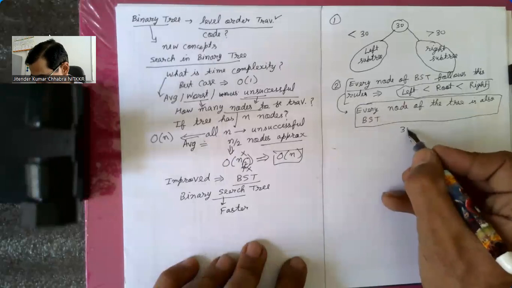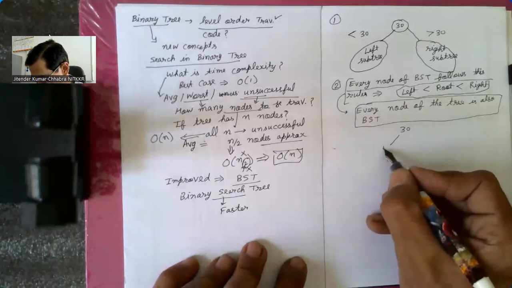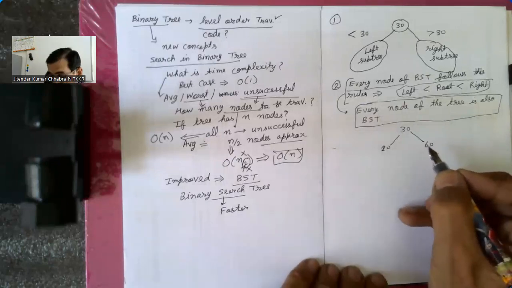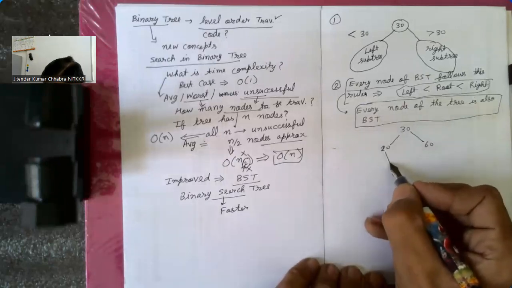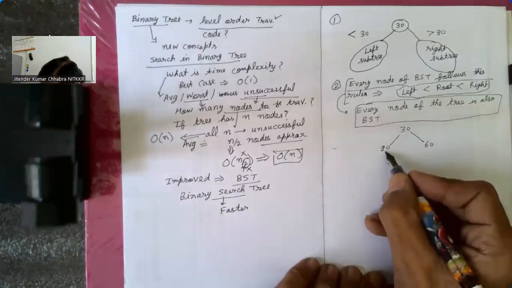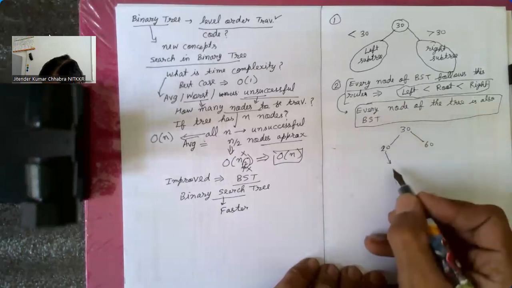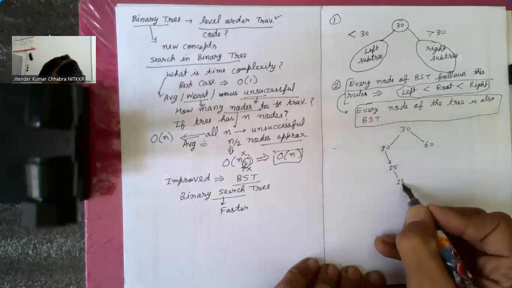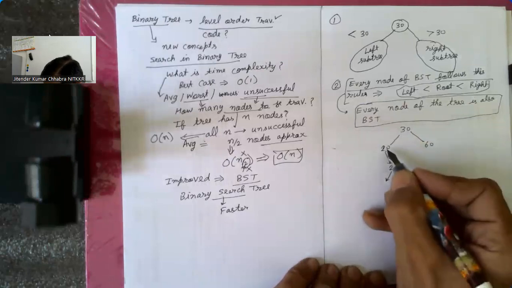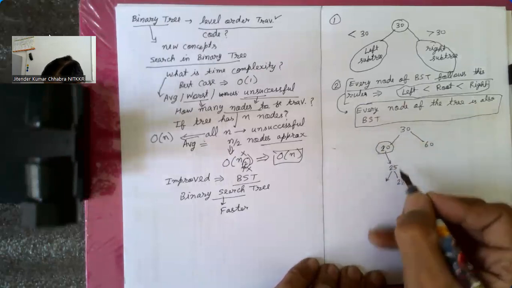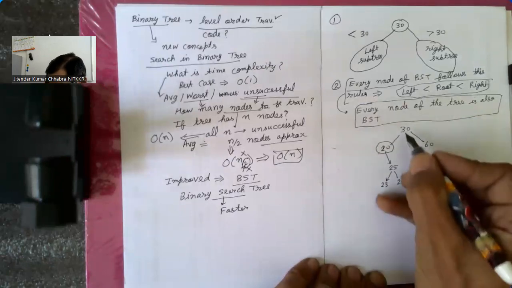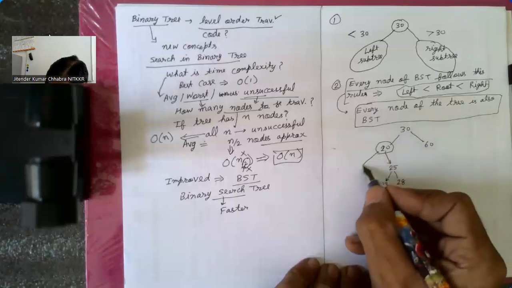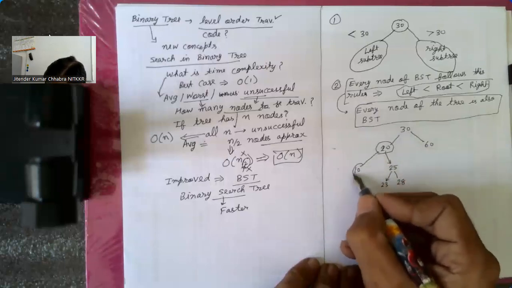Meaning, if this is 30, let's say this is 20, and this is 60, then this side value can be greater than 20 but less than 30. So this value could be 25, this value could be 28, greater than 20 but less than 30, obviously. This side less than 20, so maybe 10.